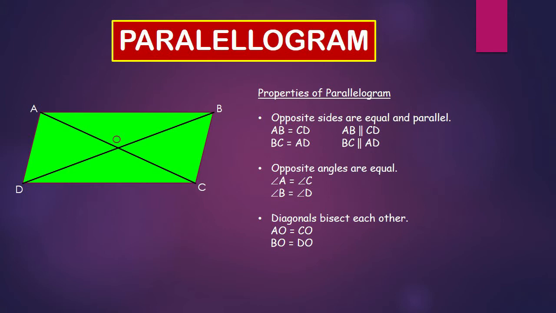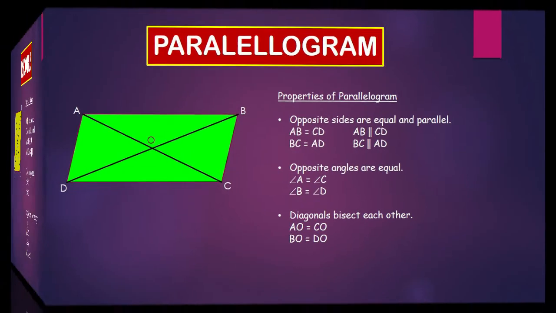This means AB is parallel to CD and BC is parallel to AD. In this, opposite angles are equal. Angle A is equal to angle C and angle B is equal to angle D. Diagonals of parallelogram bisect each other. This means AO is equal to CO and BO is equal to DO.